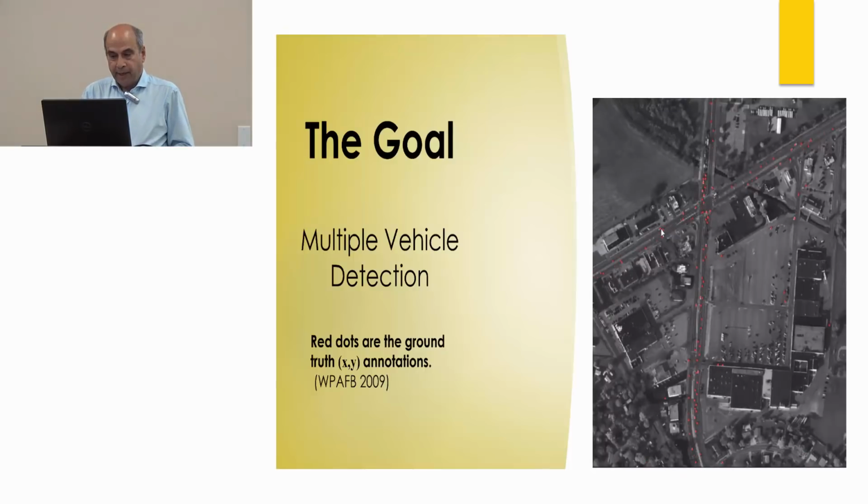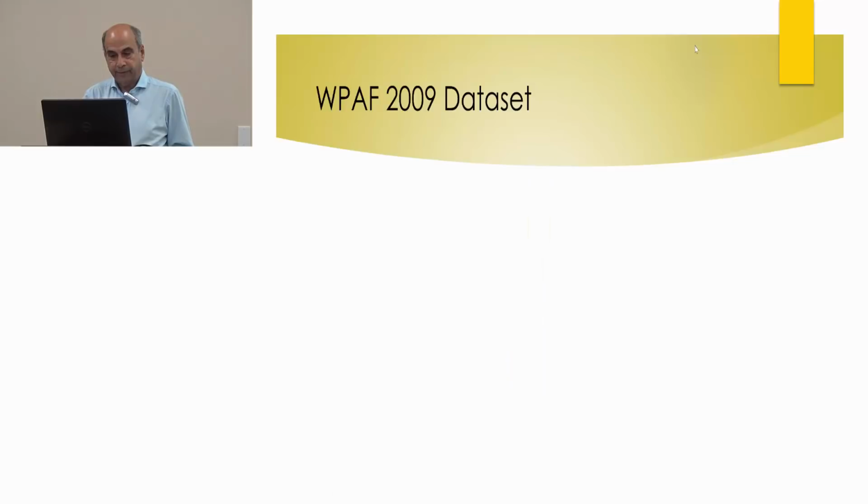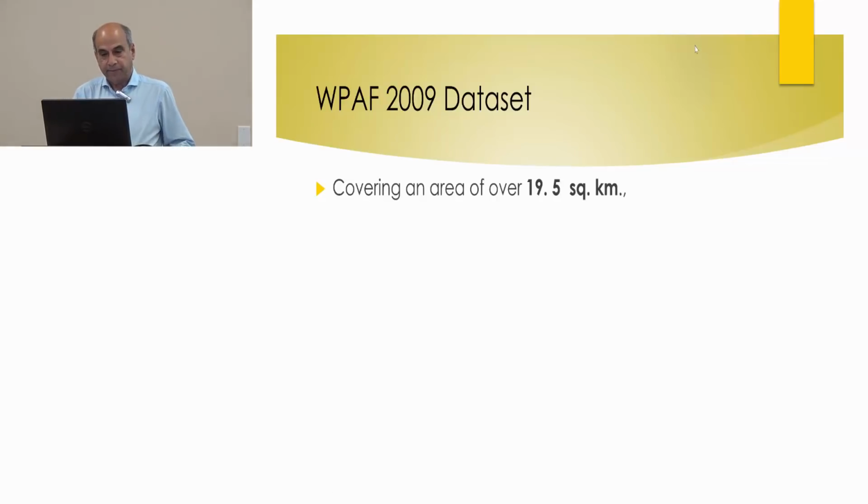And so the idea here is that we have video taken from a drone, where these are the vehicles. There are lots of them, and we want to automatically detect them. This is a data set from Wright-Patterson Air Force Base, and covers about 19.5 square kilometers.